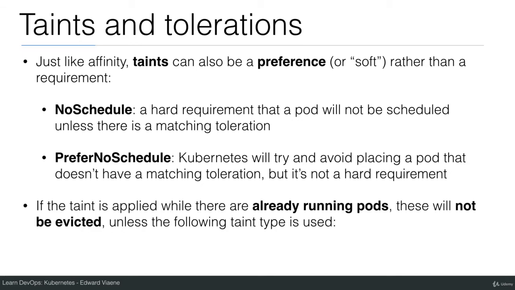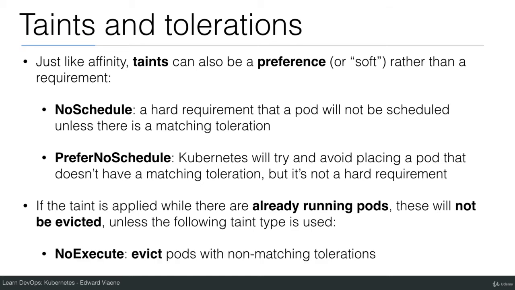If the taint is applied while there are already running pods, these will not be evicted unless the following taint type is used. NoExecute will evict pods with non-matching tolerations. So if you apply a taint using the type NoSchedule, then currently running pods will not be evicted.